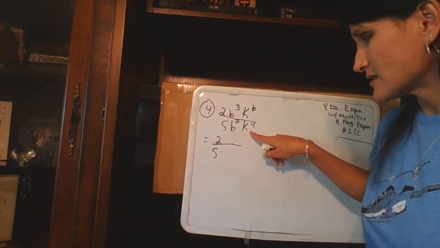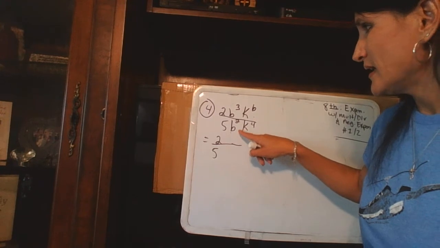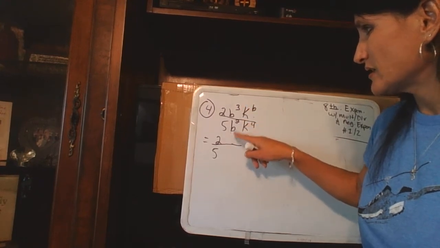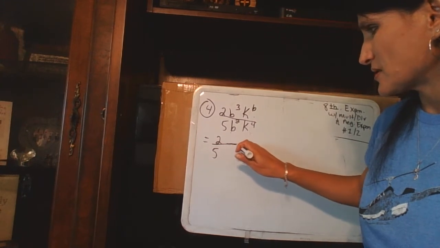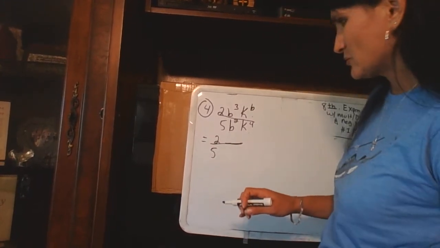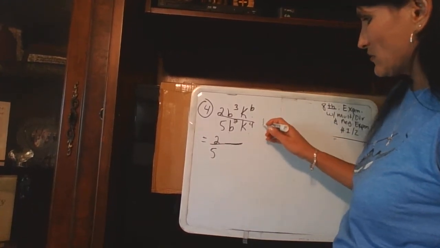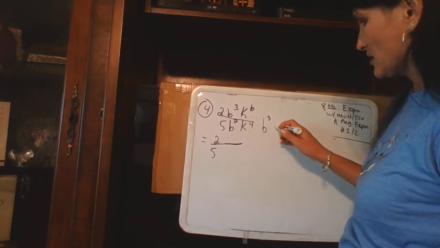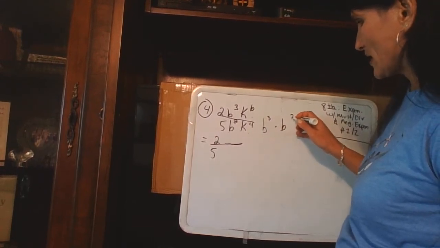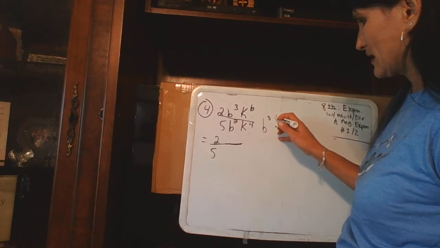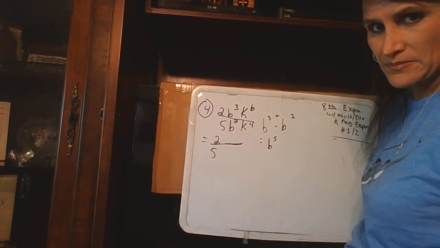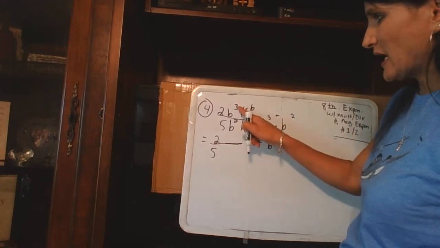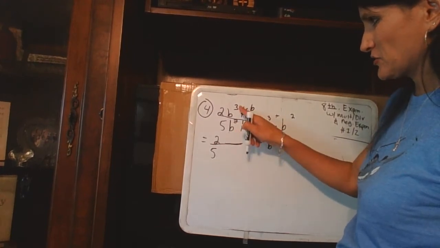If there's not, then you will just want to take the 3 and the 2. I want only positive exponents. So this is where this is going to get a little bit tricky. We know that when we take b to the 3rd times b squared, we're going to add to get b to the 5th.